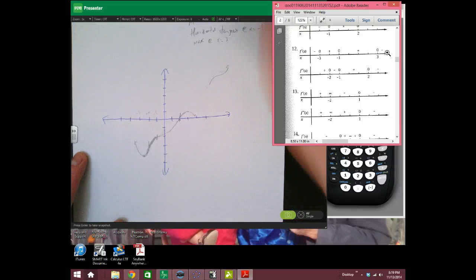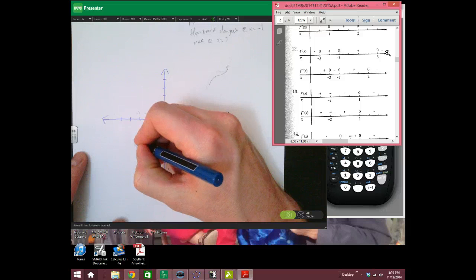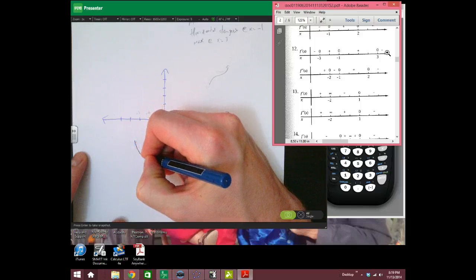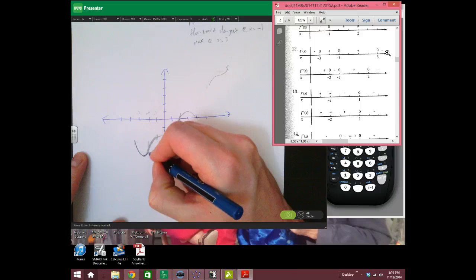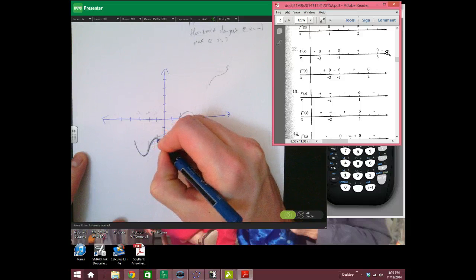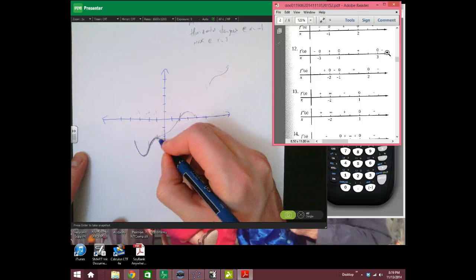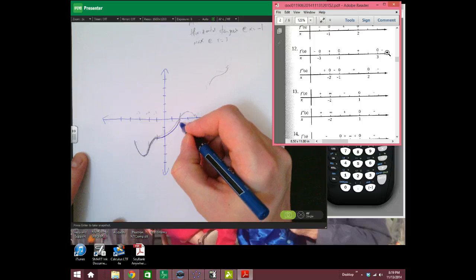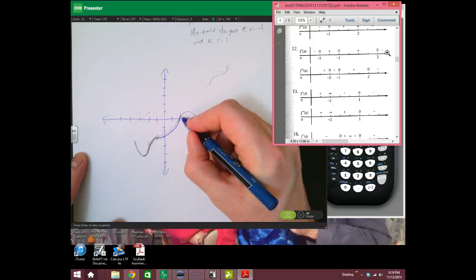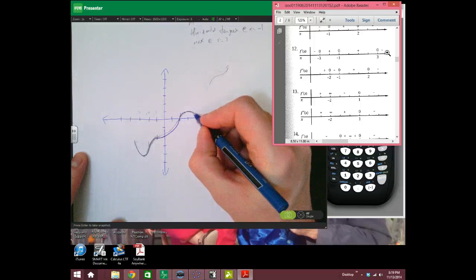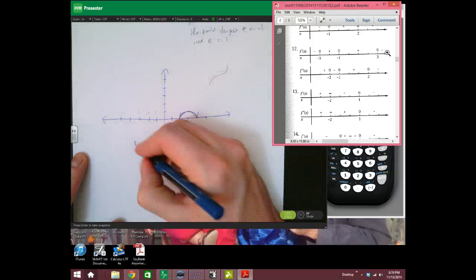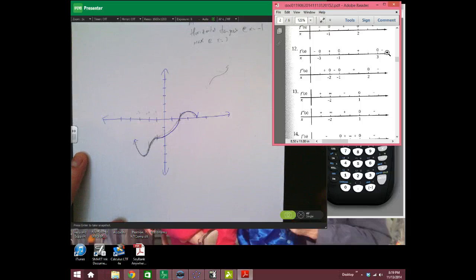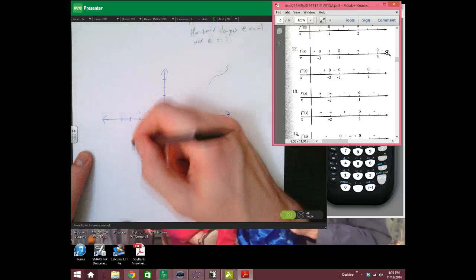So let's see if I can do this in pen and make it look a little prettier. And I'll erase out that pencil now.